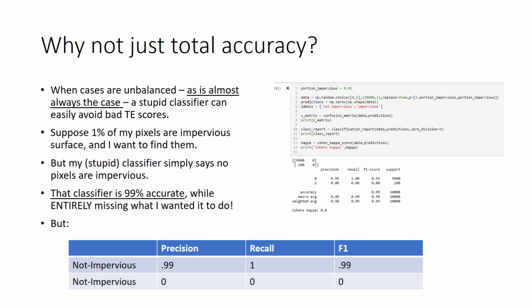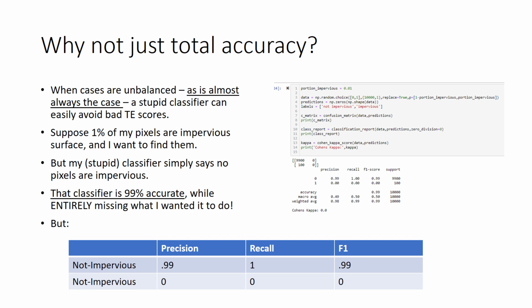If I'm trying to write an algorithm to pick out which of my pixels represent an impervious surface and which ones don't, I could write a really stupid algorithm that all it would say is everything is not impervious, and my classifier would be 99% accurate. Is that good? Not at all, right? We are completely missing the point of what we wanted to do. We wanted to tell the difference between which pixels are what.